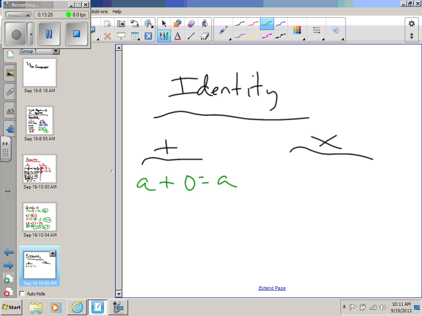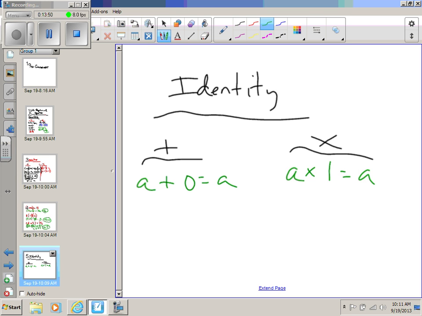I mean, we're going to take a look here. If I want my identity to stay the same with the multiplication, is it going to be 0 after 8 times what? 1. So for the addition, I use the 0. For the multiplication, I use the 1.